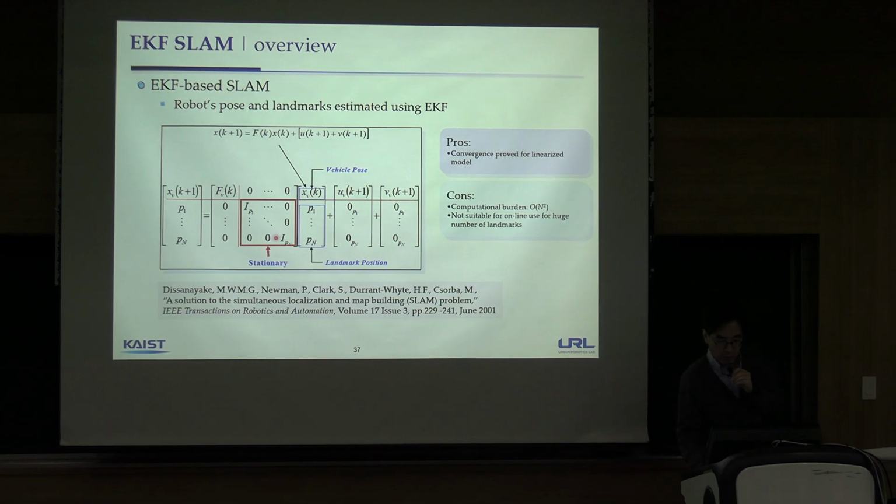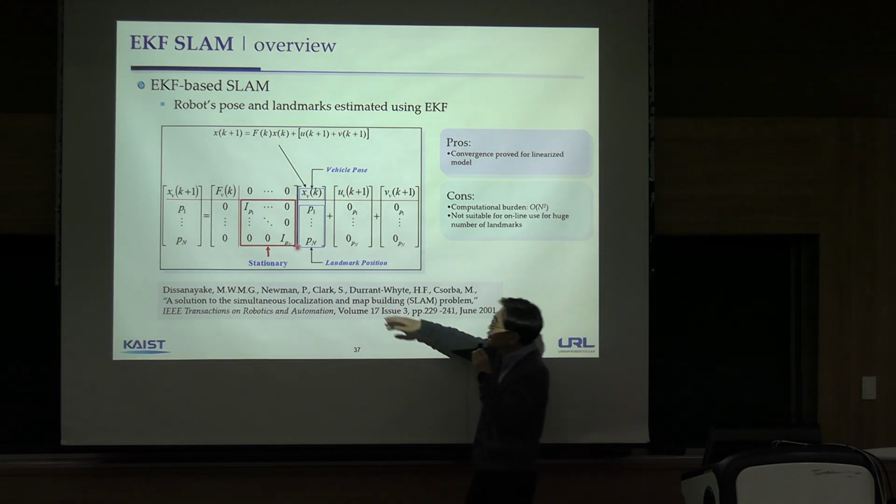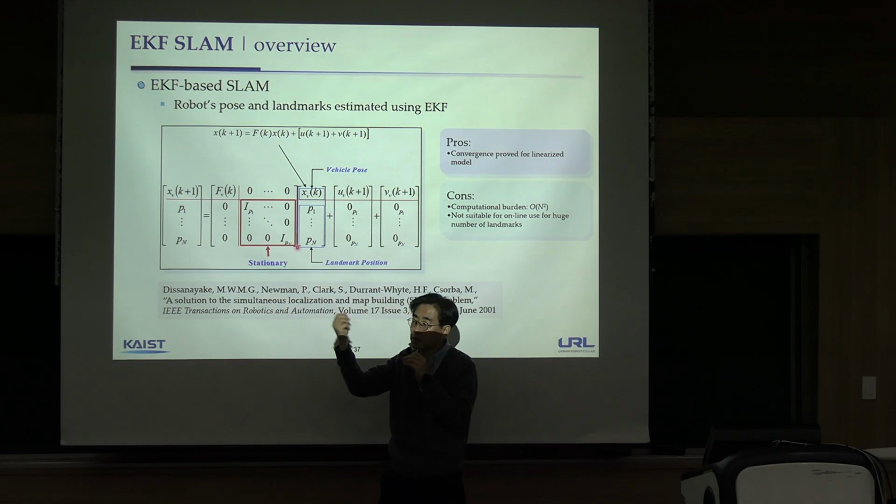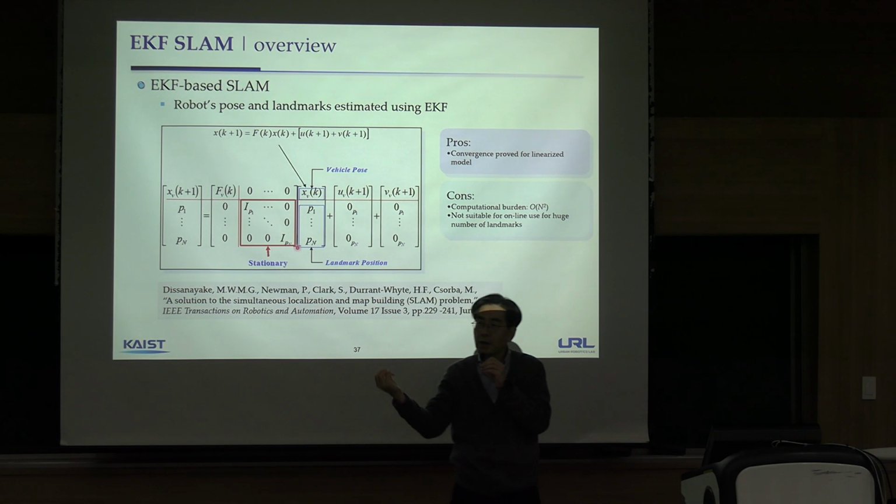And how will we estimate them? Using the kinematic equation f_v and u_v, the control input, we can update the vehicle position. We already know that. And the landmarks should be stationary. We assume that the features extracted from the environment are stationary.